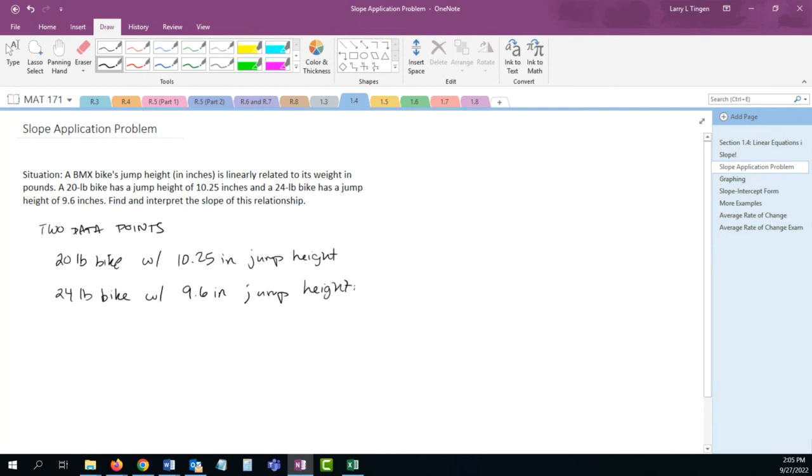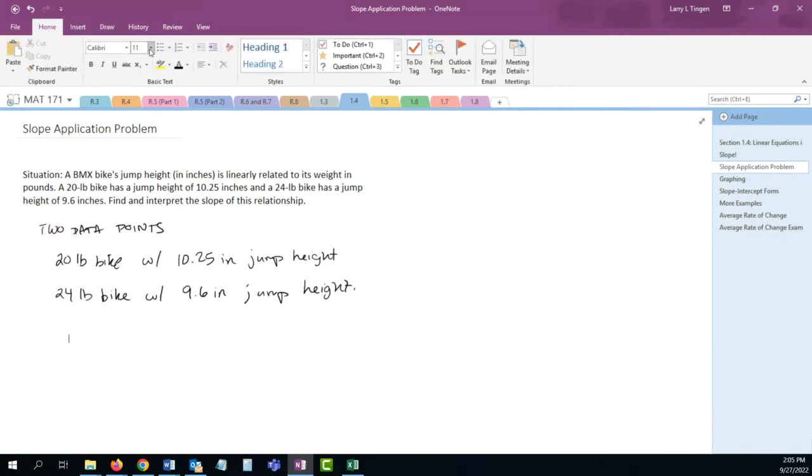Now, whenever you get an application problem for this section, there's always an issue. If I'm going to find the slope, I have x values and y values. Which one is x? Which one is y? The answer to that question is, which one is dependent on the other?